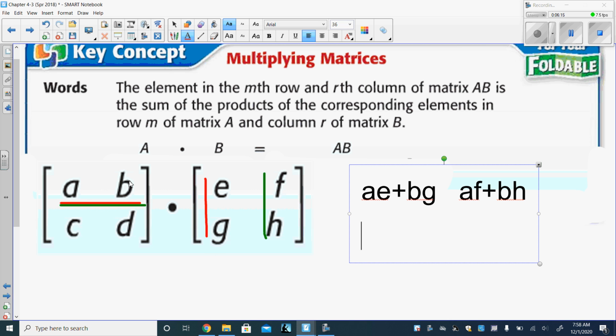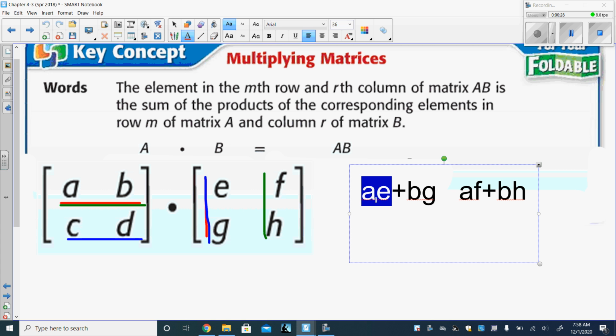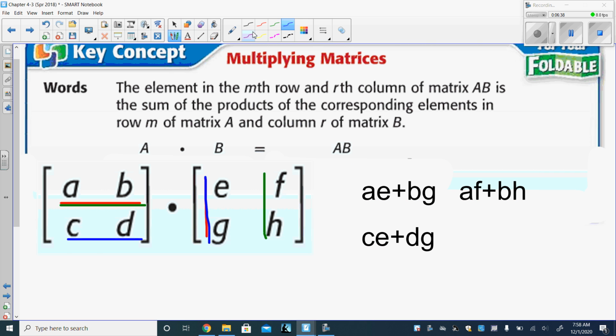Now we would move down to the second row and go C, D, over, down. So this here would be C times E plus D times G. And we do it again, over, down.